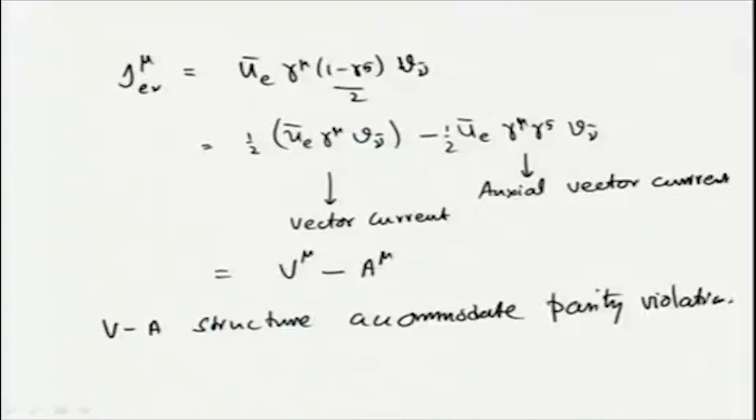So, there will not be any particular parity transformation property for V minus A. Indirectly, when you compute the cross section or the decay probabilities, you will see that this leads to violation of parity, that this particular structure and the parity conjugated structure will not give the same decay probability or transition amplitude.